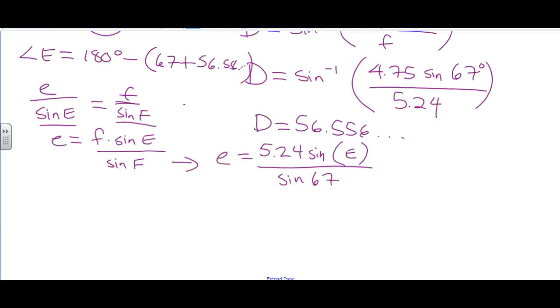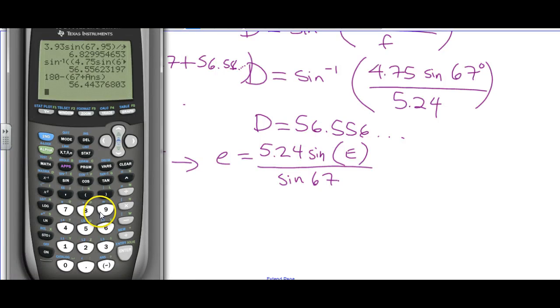Okay, on our calculator, what are we going to type in? Okay, so here's angle E sitting there, right? So I'm going to go 5.24, sine, and I'm going to put in second function answer, right? So I'm just going to bring down the last number that was in there. And I only need it once, so I don't need to store it anywhere.